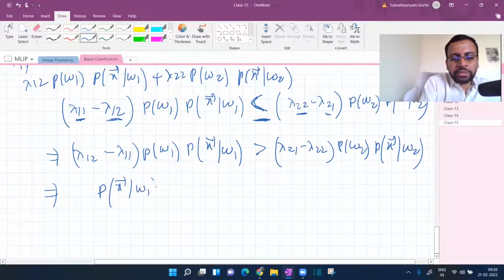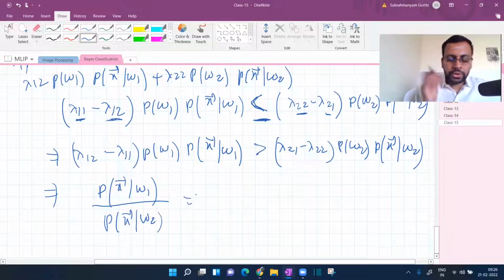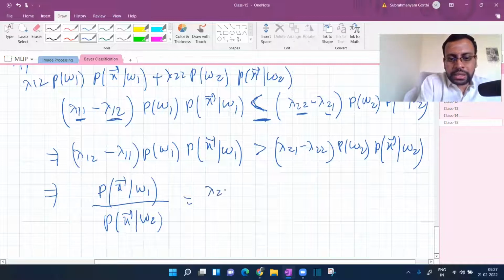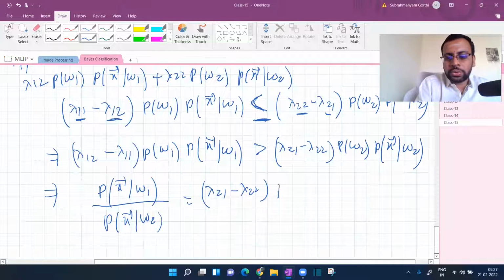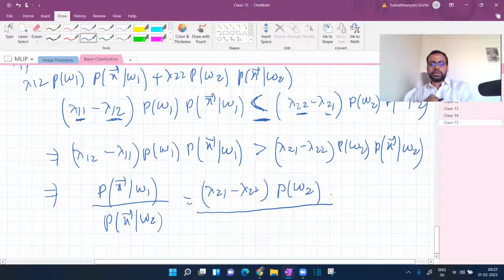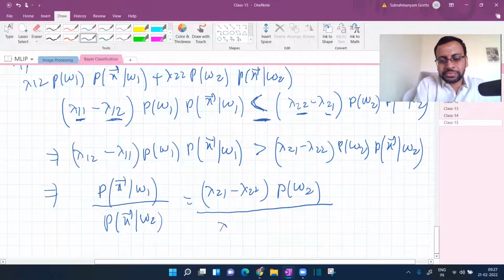Probability of x bar given omega 1 by probability of x bar given omega 2 is equivalent to, I can write it here as lambda 21 minus lambda 22 into probability of omega 2. What do I get in the denominator? Lambda 12 minus lambda 11 into probability of omega 1.